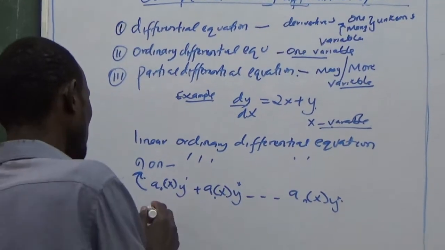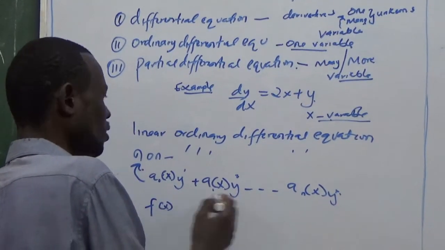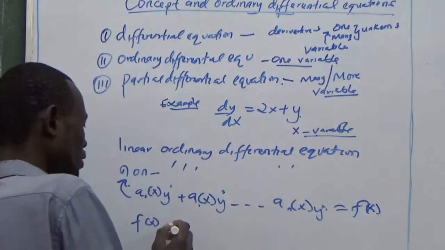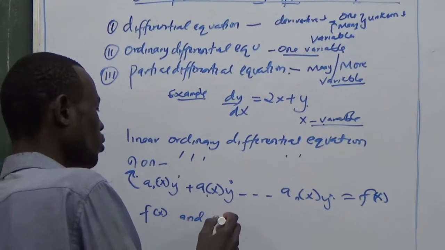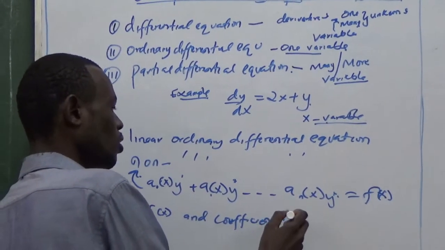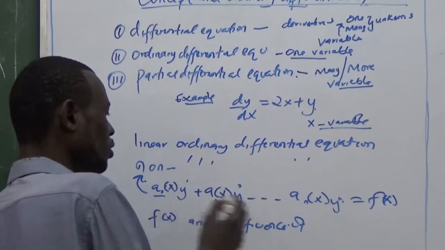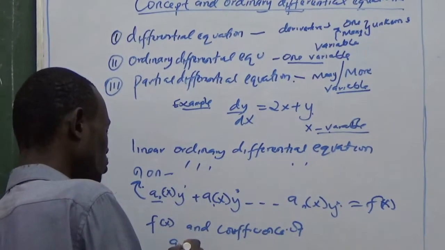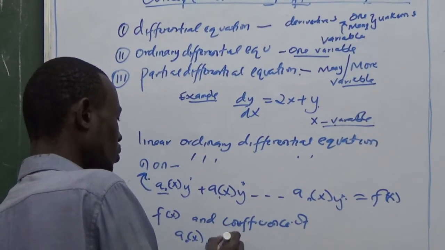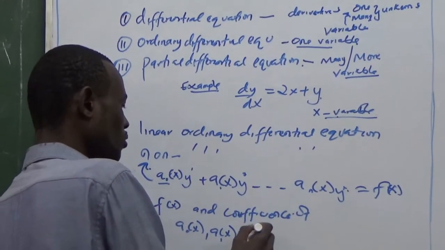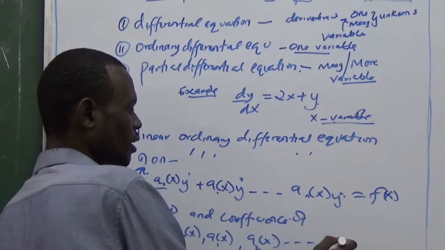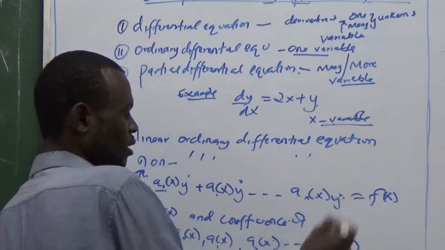where this one is equal to f of x. When I'm talking about the coefficients, I'm talking about the coefficient a0 of x, then a1 of x, then a2 of x, then an of x.